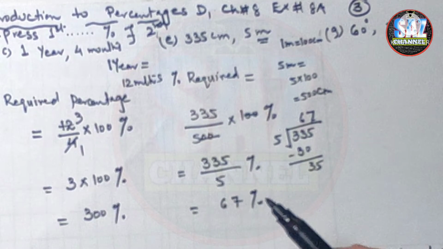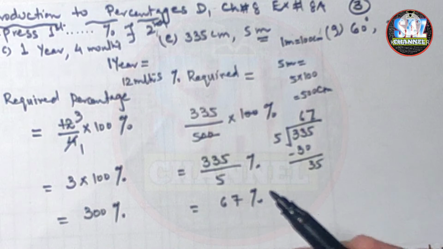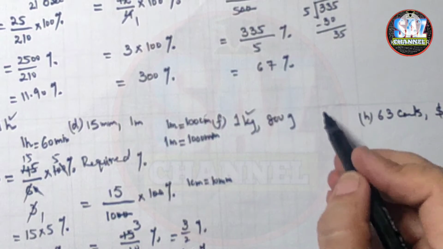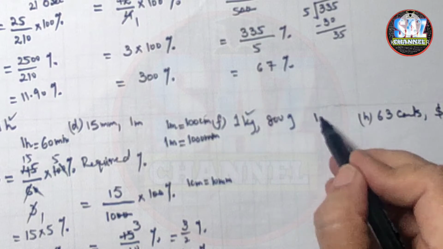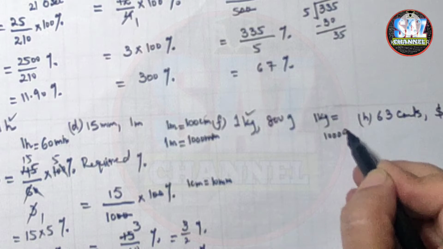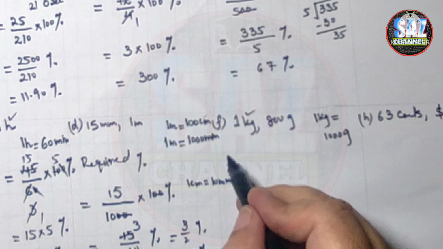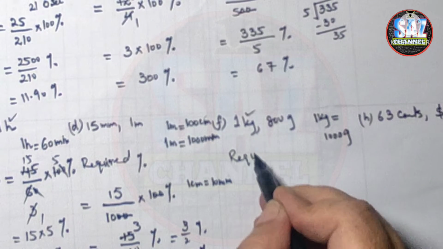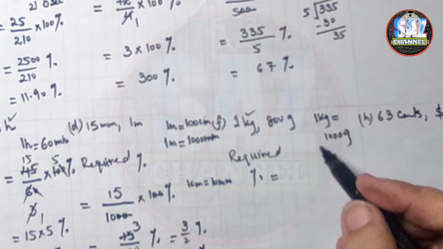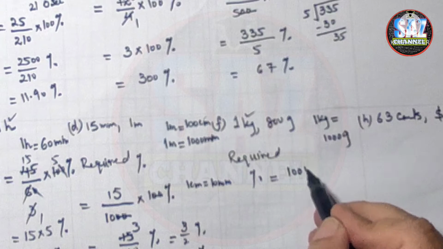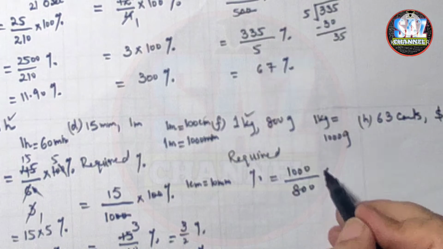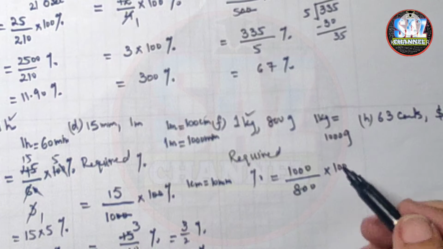Very easy questions. And moving to the next part, that says 1 kg to 800 gram. So big to small we need to multiply. 1 kg has how many grams? Which is equal to 1000 grams. So required percentage will be equal to 1 kg, which is equal to 1000 gram, upon 800 grams multiplied by 100%.